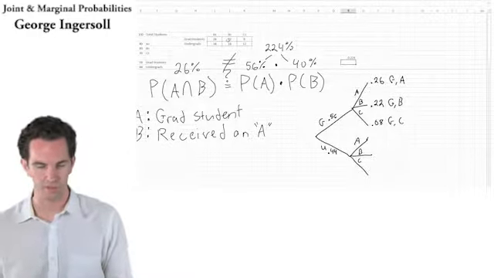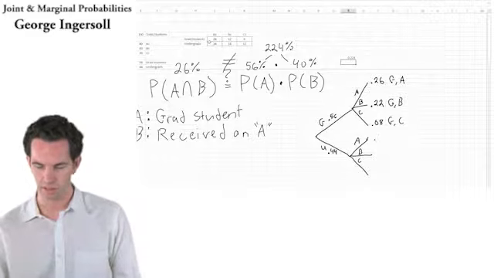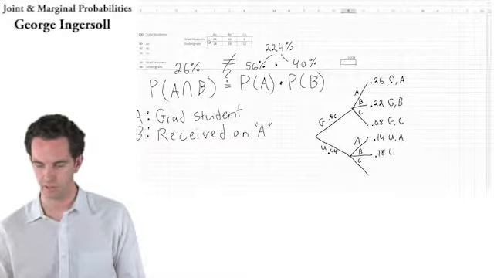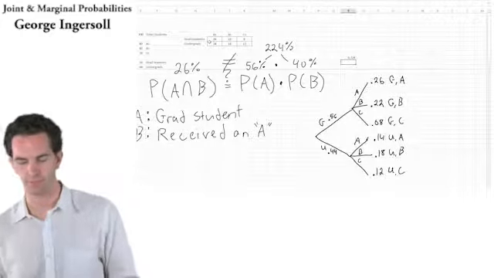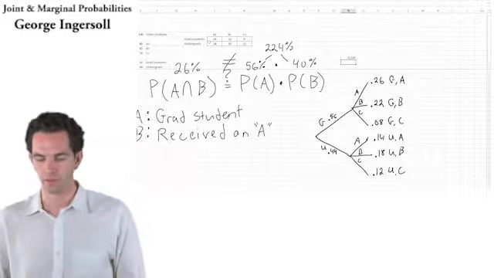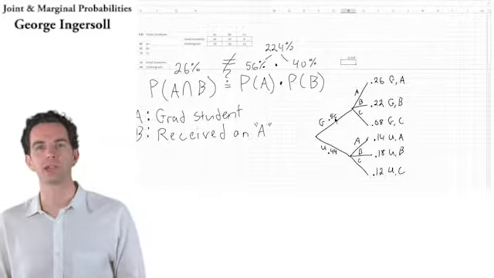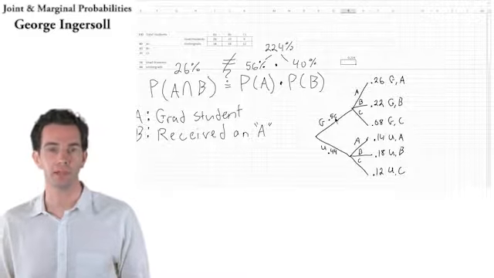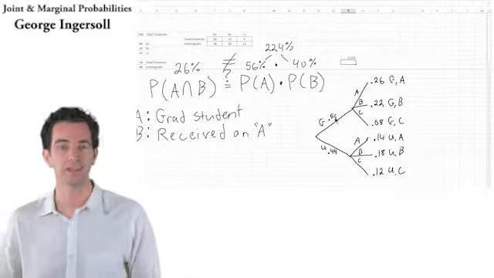Down here we know that 14 undergrads earned an A, 18 undergrads earned a B, and 12 undergrads earned a C. So now how do we figure out what percentage of graduates, what the likelihood of a graduate earning an A is?